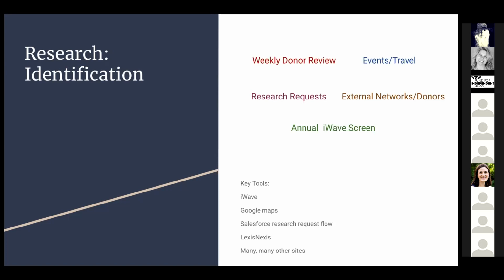And on that list of identification areas that I've listed on the slide, the weekly donor review and the external networks and donors are probably the most important activity that I undertake with regard to identification. The weekly donor review, we get a list of gifts that have come in every single day, and I look at that every single day.